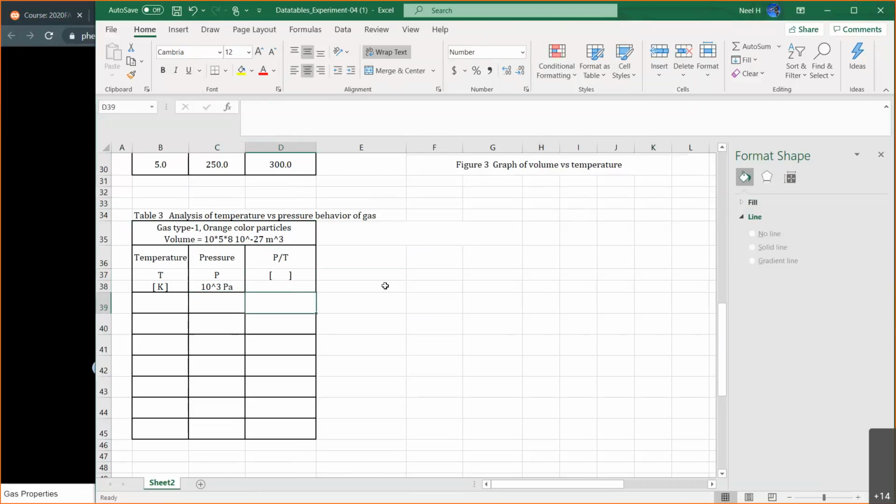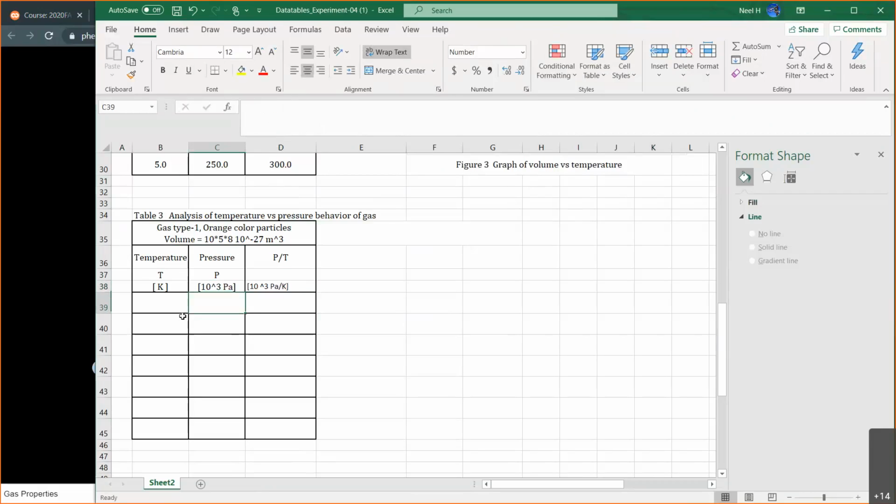Still we can get the right behavior in the graph, okay? Let's check that too. Now this would be 10 to the power 3 Pascal over Kelvin. It's better to use square brackets here. We always use that to represent the units, okay?